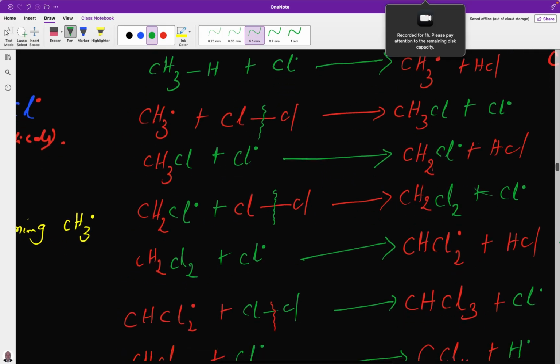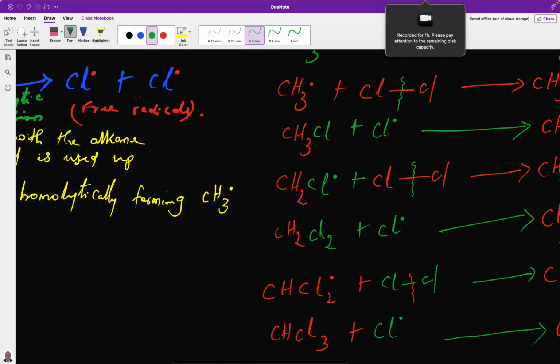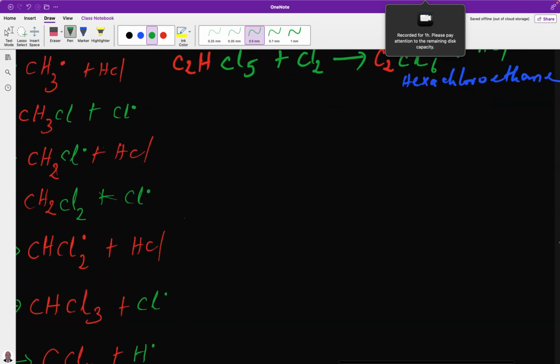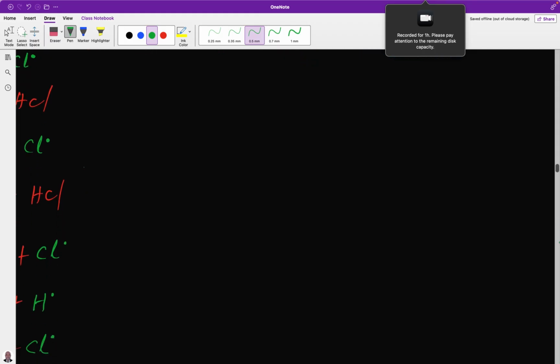The next stage of this will be the termination stage. What is the termination stage? In the termination stage, that is step number 3. Step 3, termination.